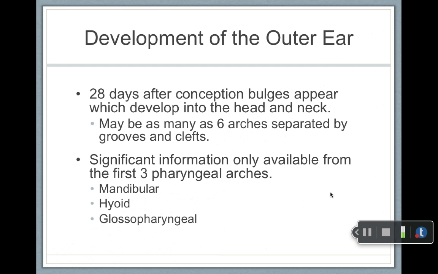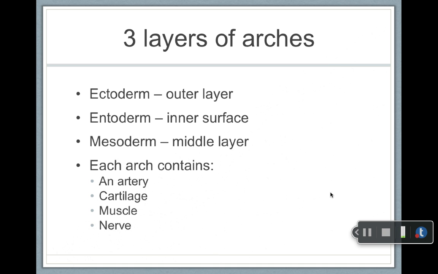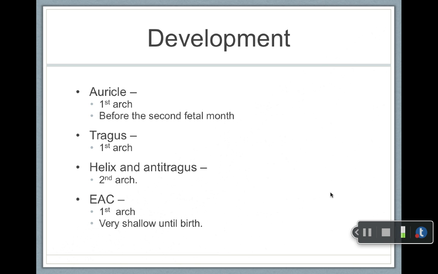In regards to development of our outer ear, 28 days after conception, you have these bulges that appear to develop in the head and the neck, and then there are arches and clefts in them, and they turn into our organs. So we have an outer layer, an inner layer, a middle layer. Each contains an artery, cartilage, muscle, and a nerve.